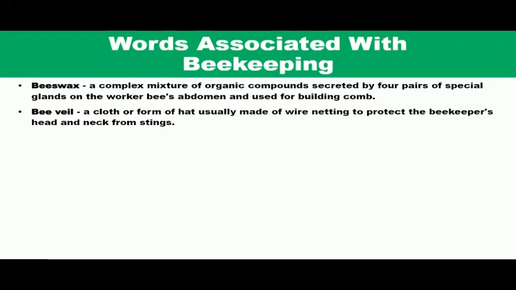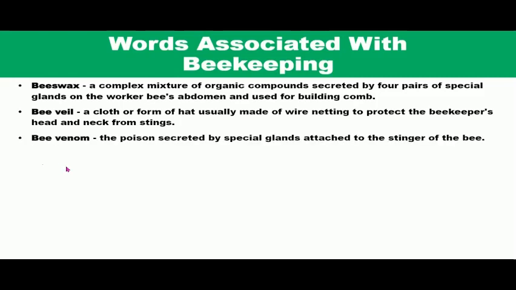It is a piece of cloth or foam, or a form of hat, usually made of wire netting to protect the beekeeper's head and neck from stings. You know, if you have your face and all parts of your body uncovered, then the bees will sting you. So you need the bee veil. Then bee venom is the poison secreted by special glands attached to the stinger of the bee.